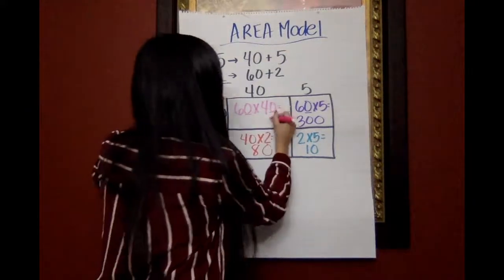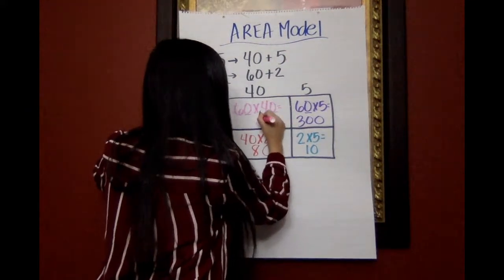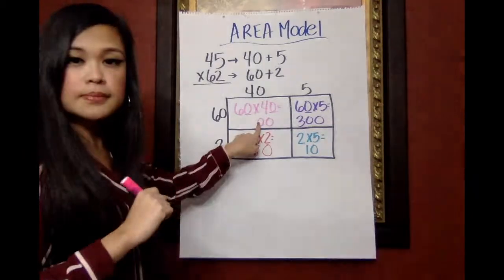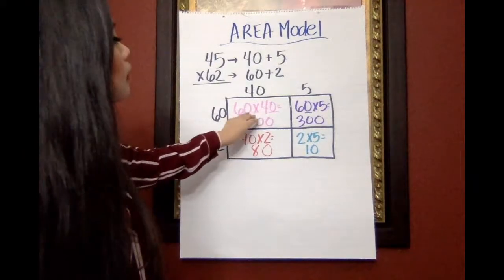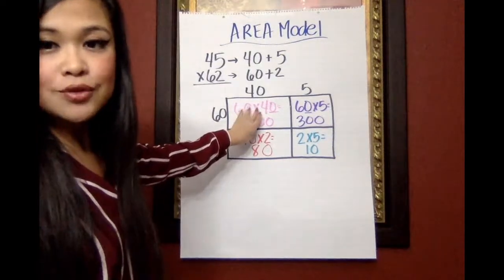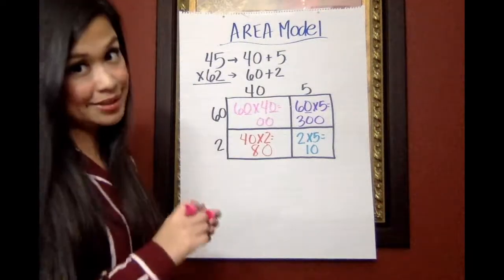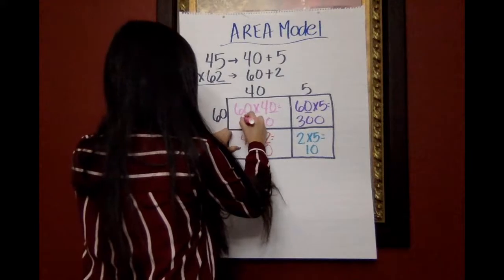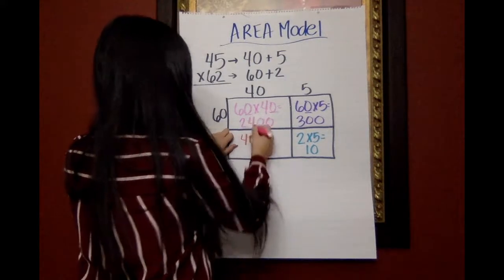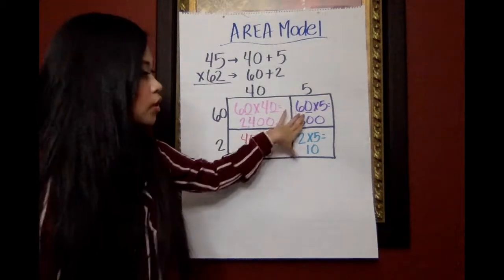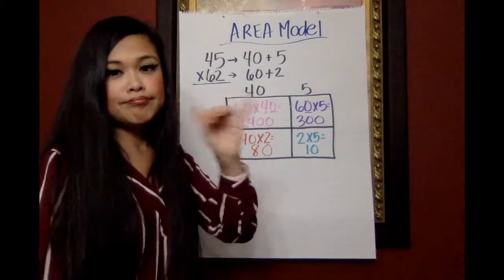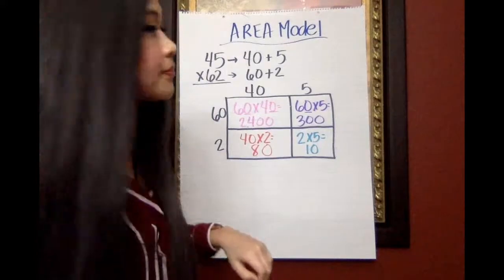So I have 2 zeros, so I'm going to go ahead and write my 2 zeros like this. I hope you're doing it. And then I'm going to multiply my factors. 6 times 4 is 24. Okay, so I got 2,400. If you agree, show me surf's up.